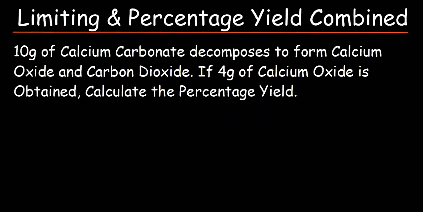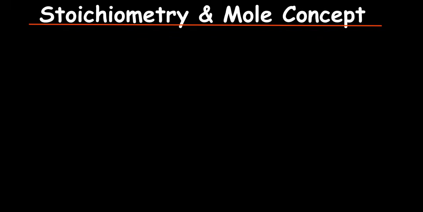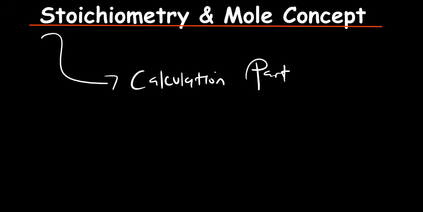So basically, what are the basics? What is stoichiometry itself? So stoichiometry is the calculation part of chemistry. What we mean here is that it's going to answer common questions like how much reactants do I need?